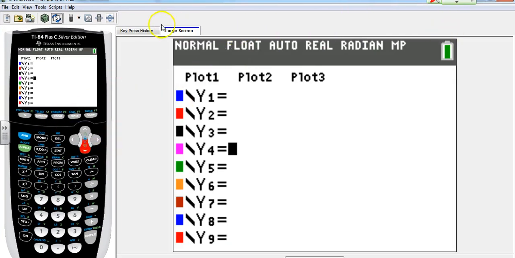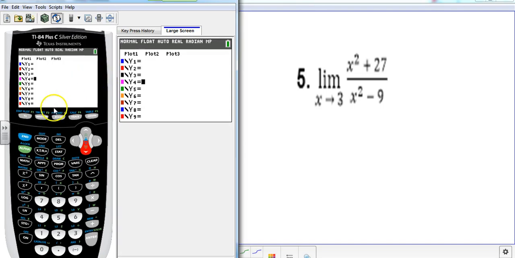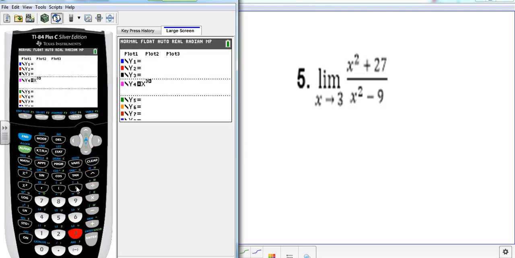Okay, now I managed to make it big so that it's covering up everything. X cubed, no, it's x squared, my bad. Plus 27. What am I doing wrong? I've already messed up. Yeah, I need a parentheses around the top.